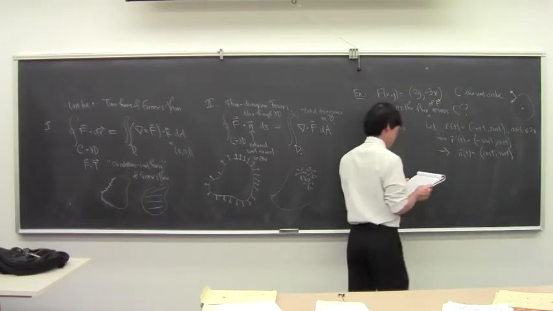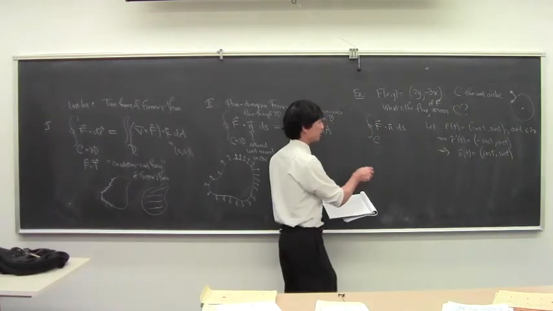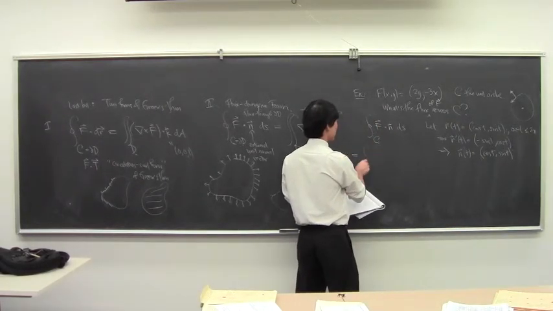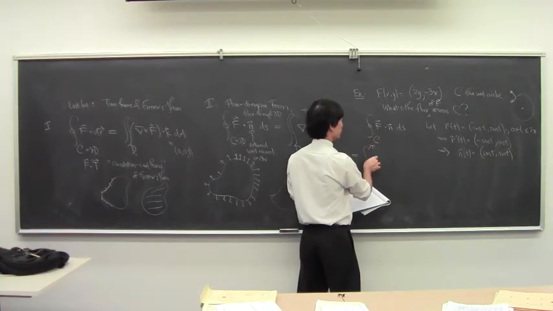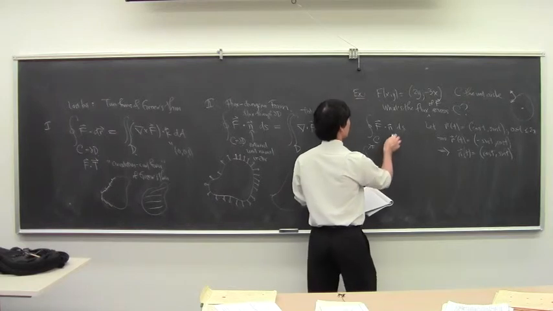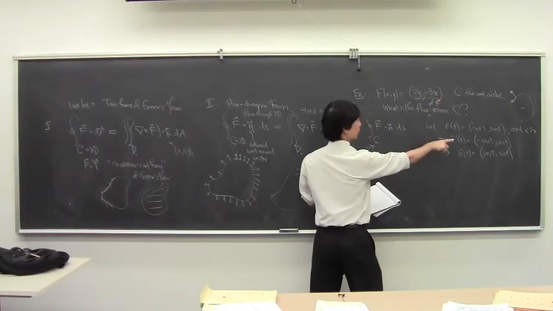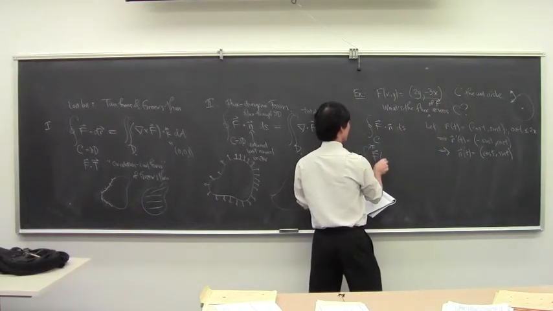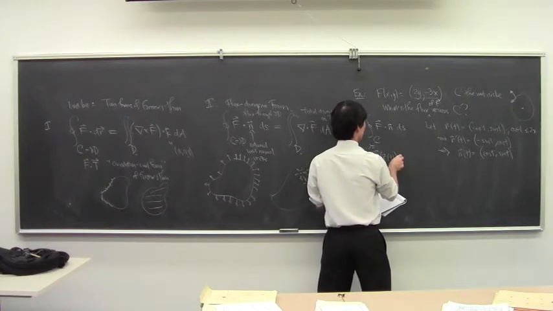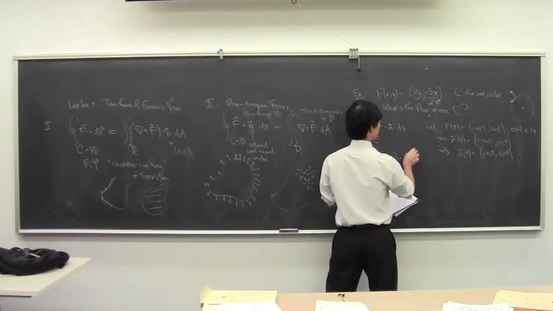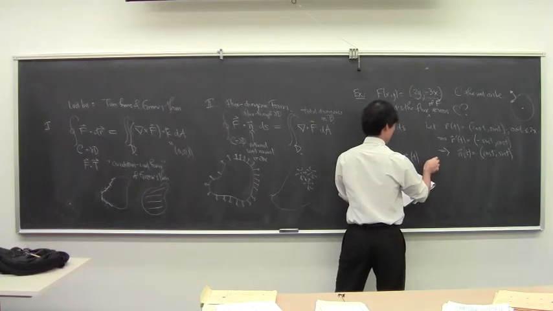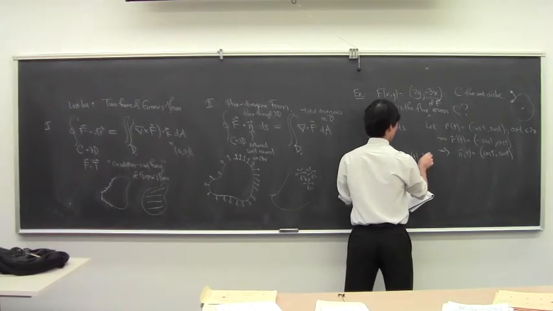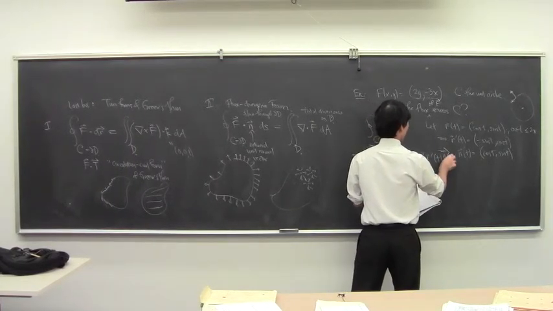In any case, what's this integral? It's the integral from 0 to 2 pi of my function evaluated at r of t, dotted with n, times the magnitude of r prime, dt.